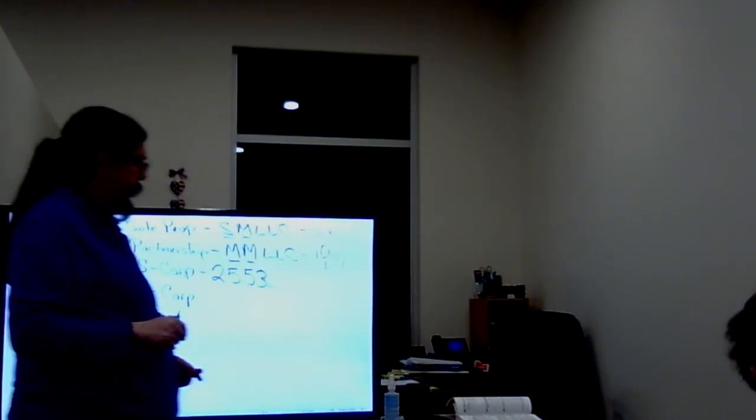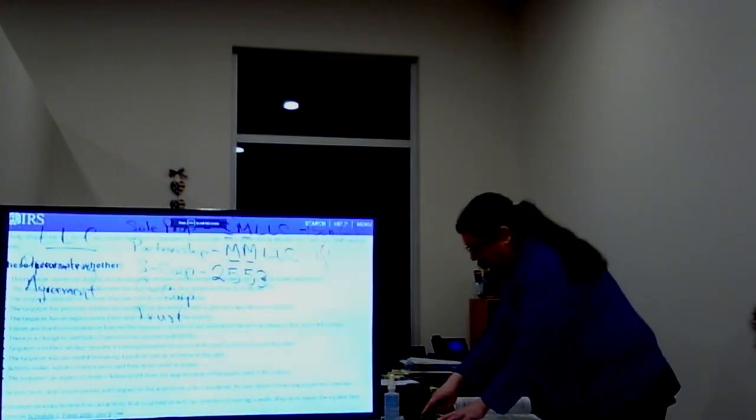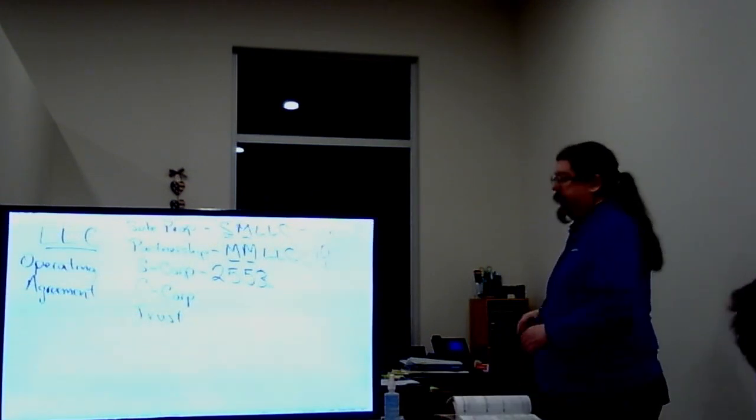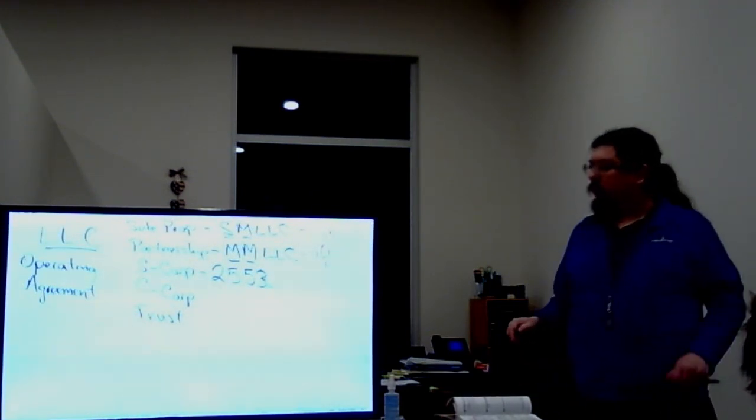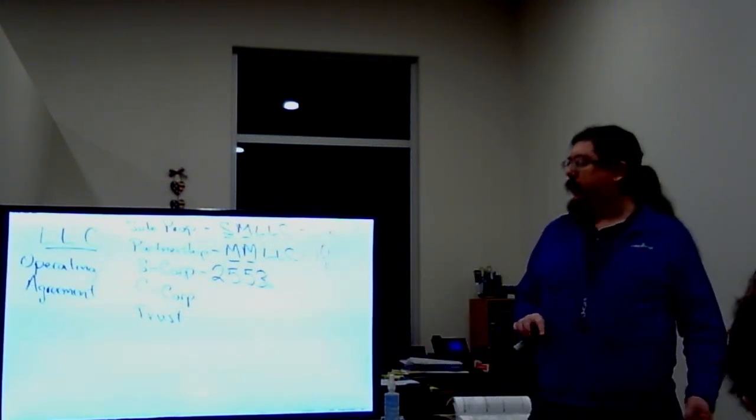Let me double check that form number. Yeah, election by small business corporation. Okay, an S corporation has filed a Form 2553.